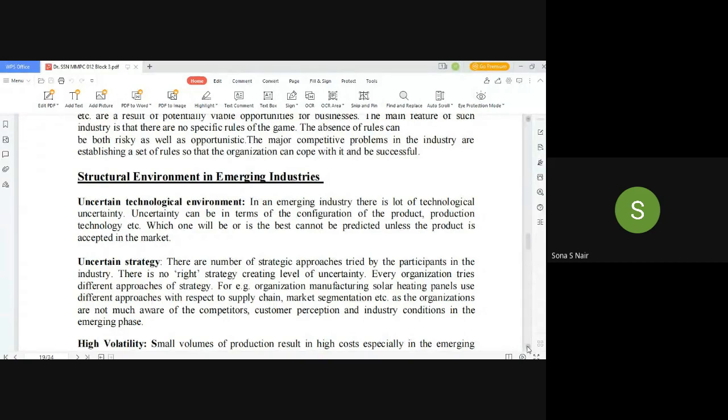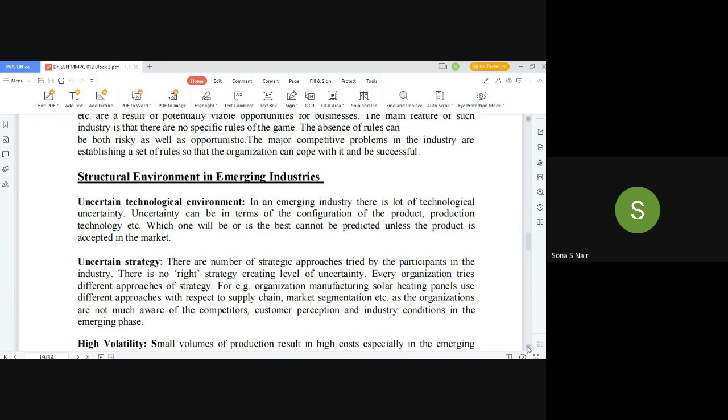Structural environment in the emerging industries. How is the structural environment in the emerging industries? Uncertain technological environment. Just look at solar or electrically powered vehicles. There is an uncertain technological environment. It's still growing. New things are coming up.